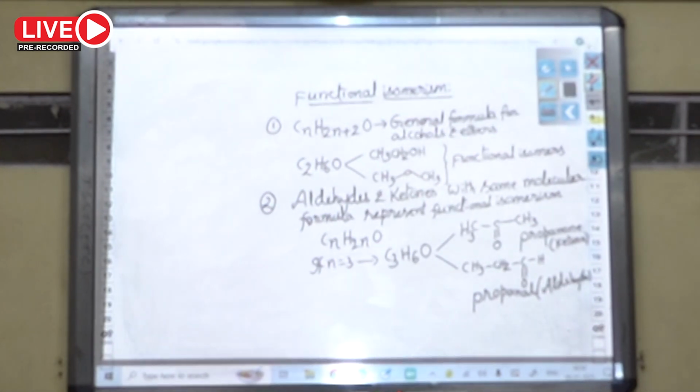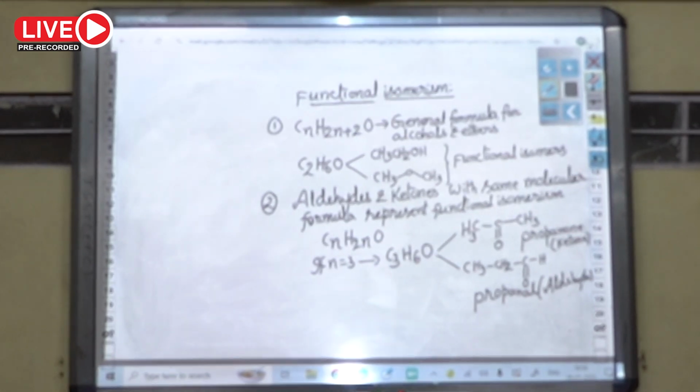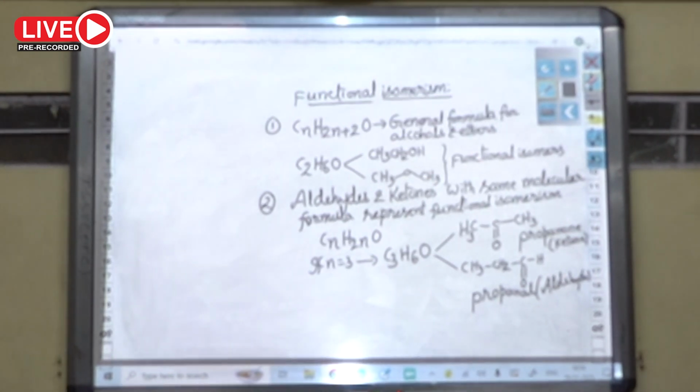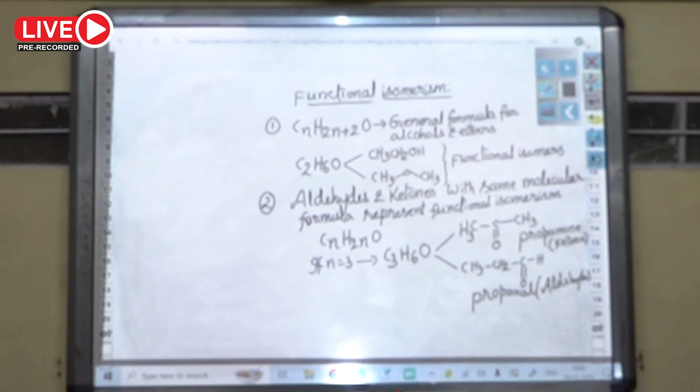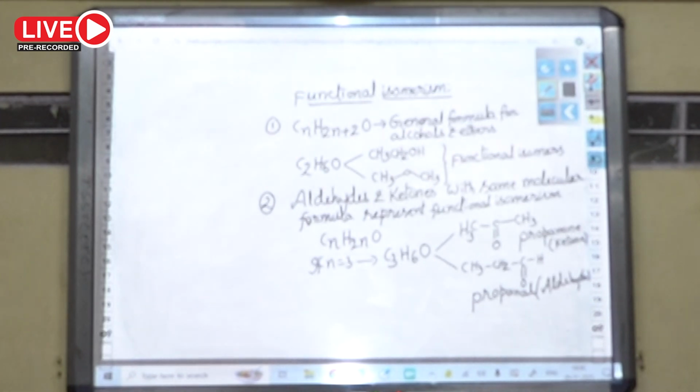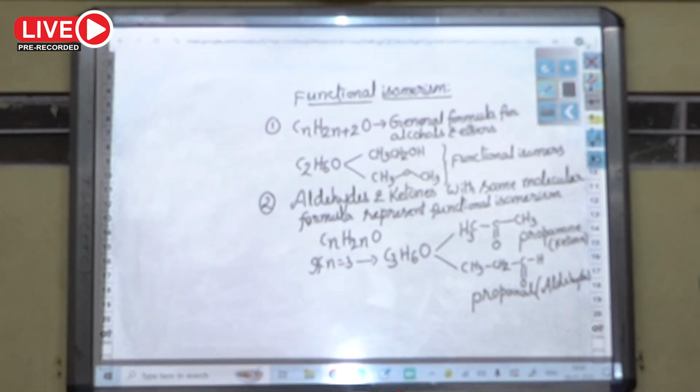What is the first example we have given? Alcohol and ether. If they have the same molecular formula, they represent a pair of functional isomers. What is the second pair? Aldehydes and ketones. You know, aldehydes react with Tollens reagent, forming a silver mirror, a precipitate of silver coated on the inner walls of the glass tube.